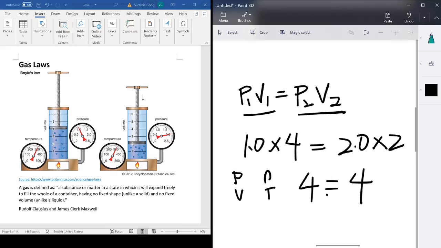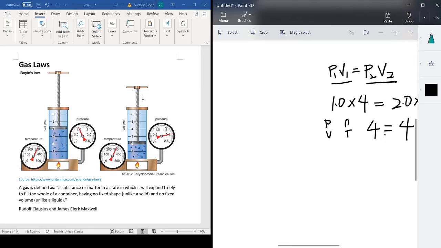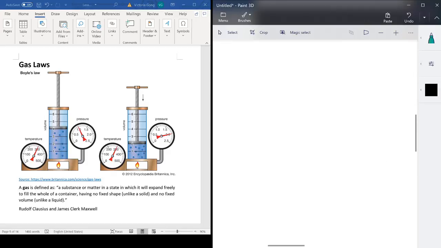Now, mathematically that all works out, but why does it work? Well, a gas is defined as something that is freely expanding, that can expand freely into a certain amount of space.